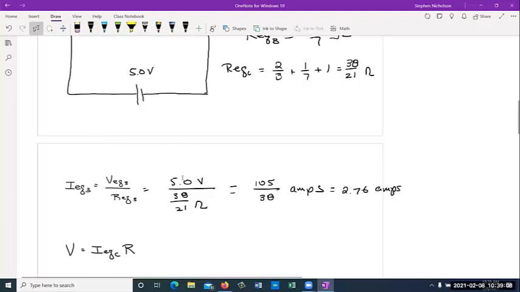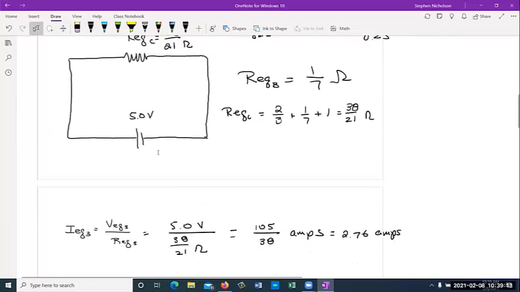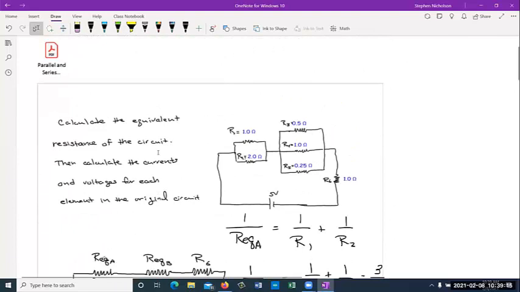So let's think about what that means. Going back to the original picture here, you're going to have 2.76 amps coming here. Some of the current's going to go up, some of the current's going to go down. The two resistors, the lines come back together, there's 2.7 amps here. Then they're going to split in 3 ways.